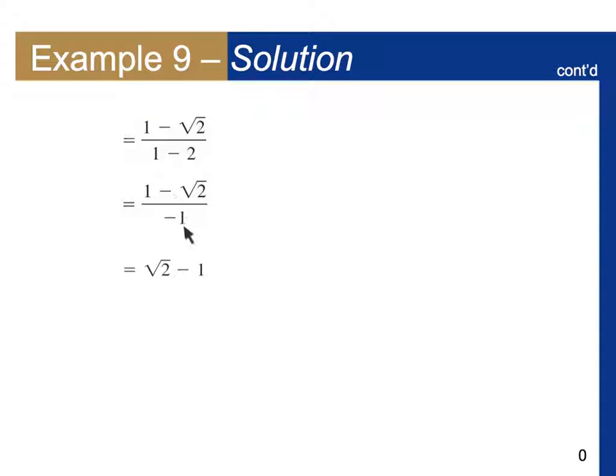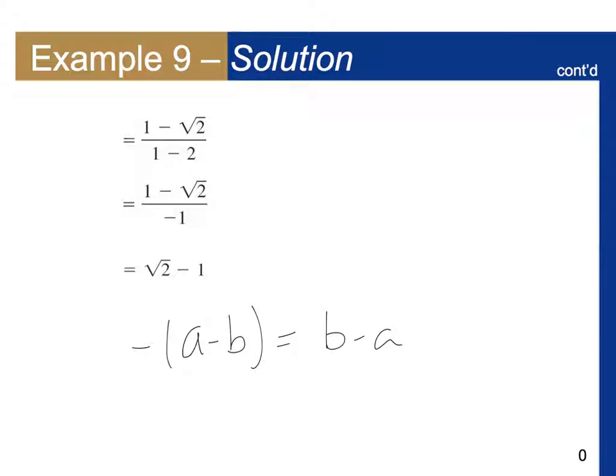It's also a bad idea to leave negatives in your denominator. So what we can do, well, if you're dividing by minus 1, it's the same as multiplying times minus 1. So we're just taking the opposite of this, which is just switching the order of the subtraction. So we simplify this to square root of 2 minus 1. Just switching these. Okay. And the reasoning for that is this. If you have a minus b, and you take the opposite of that, you just get b minus a.